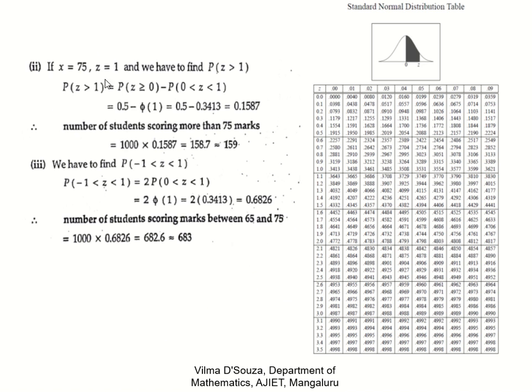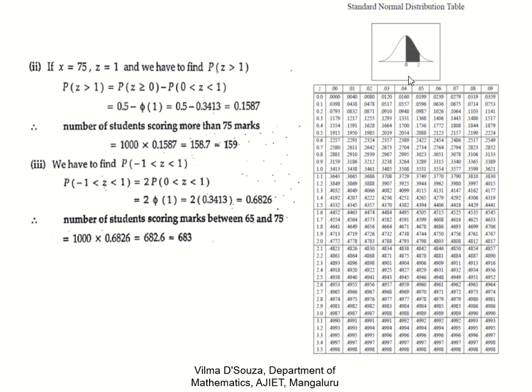Already you have found that when x is 65, z is minus 1, and when x is 75, z is 1. So it is the same as P of minus 1 less than z less than 1. That is the area under the curve from minus 1 to plus 1, minus 1 to 0 and 0 to 1.